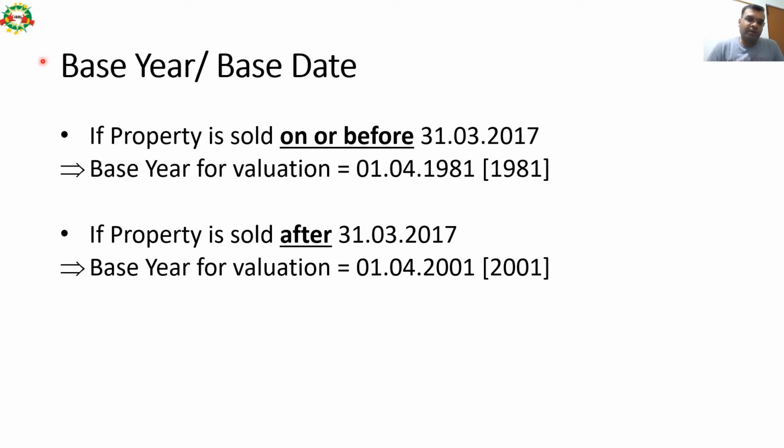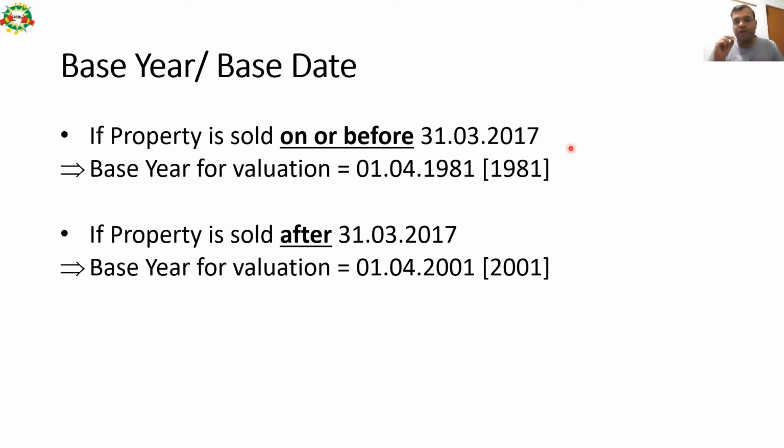So first concept: whenever you find a problem on capital gain, first of all, as a valuer or IBBI aspirant, we have to find out what is the base year for valuation. How to define it, how to find out? If property is sold on or before 31st March 17, it is an important date.